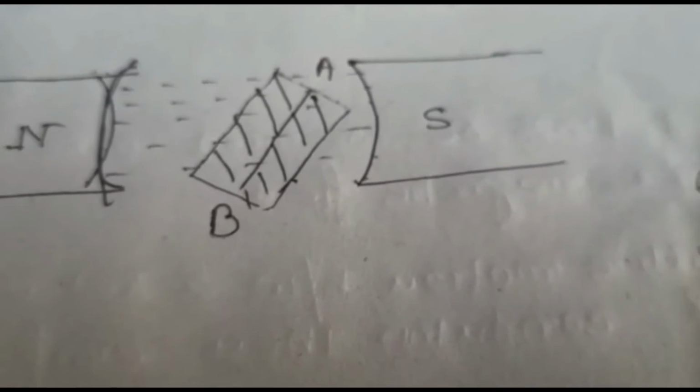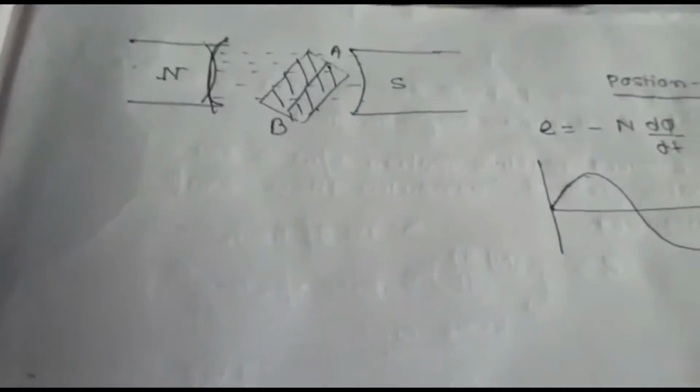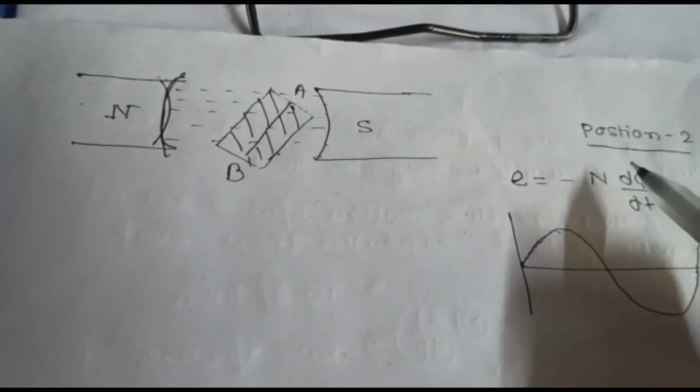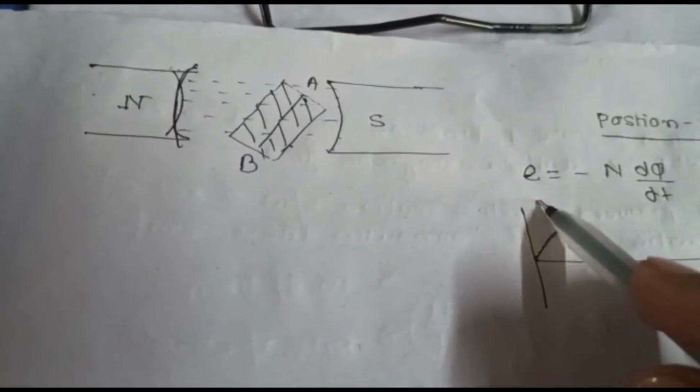At this point, a larger number of lines of force come in contact with the conductor. So if more lines of force connect with the conductor, it means d phi by dt is increased.